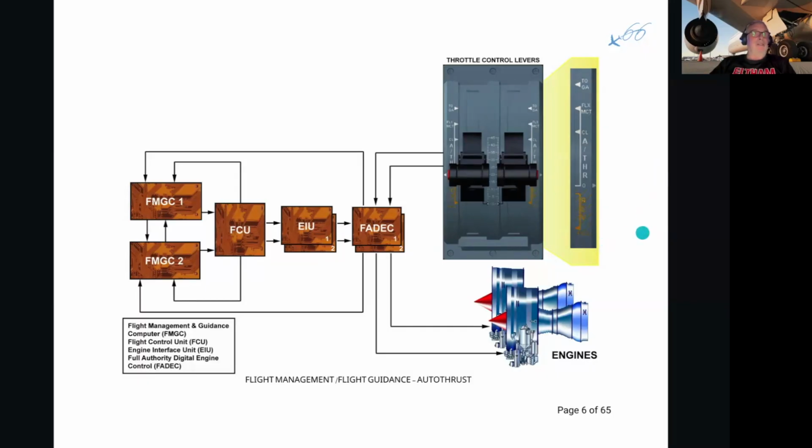All this is arranged through the flight management and guidance computers, to tell the engine interface units to tell the FADEC more fuel to maintain a certain thrust position.